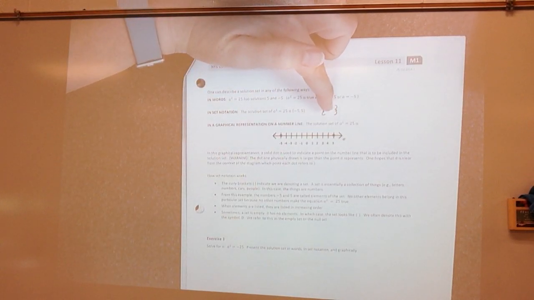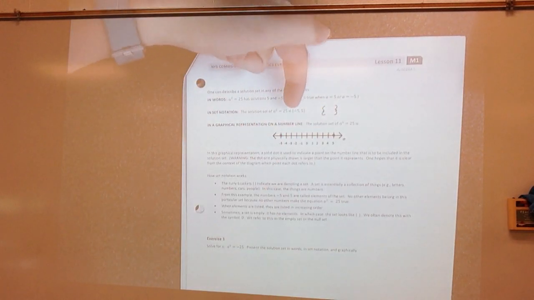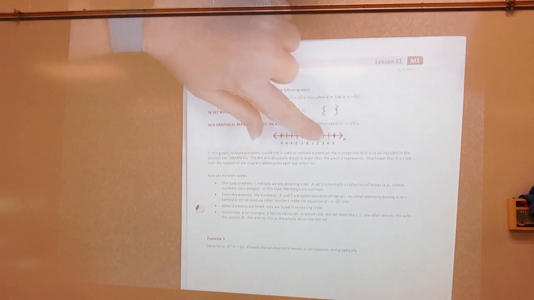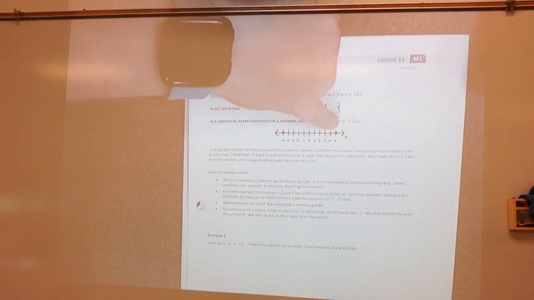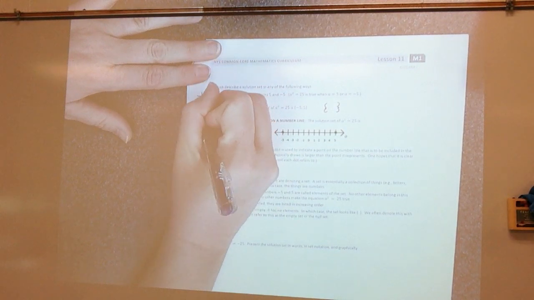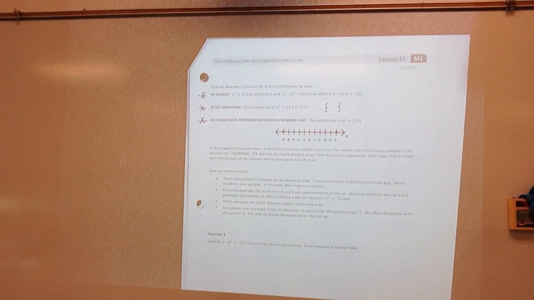And then I simply put my answers inside there. And normally we do them from least to greatest. So notice -5 and 5, -5 comes first. Or we can represent it graphically on a number line. So I can draw a number line and I can put a dot at -5 and a dot at 5. So here are 3 ways, and star these because they're going to become part of your best friend, 3 ways that you can describe a solution set for an equation.